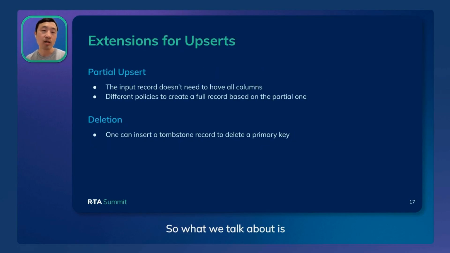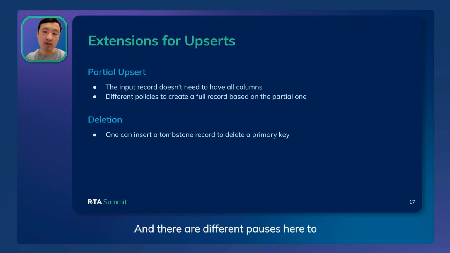What we talked about is the full Upsert in Pinot, which means every single incoming record is a complete record with all the columns. On top of this, we also added a partial Upsert, where the incoming record doesn't have to specify all the columns. Instead, the partial Upsert is merged with the previous record to derive a complete one. And this complete record will be processed by reusing the full Upsert logic.